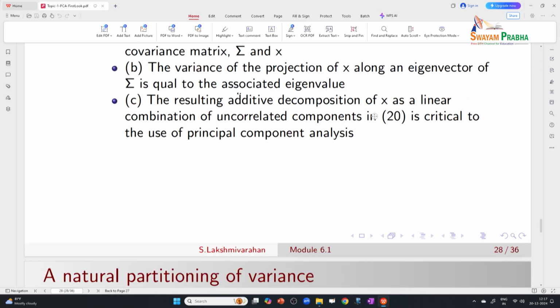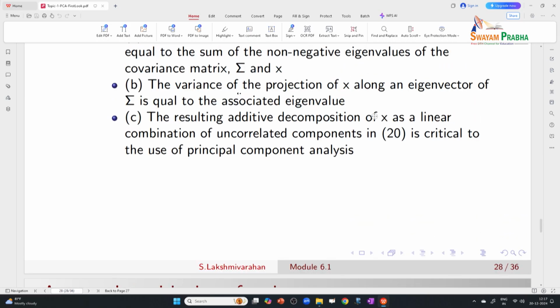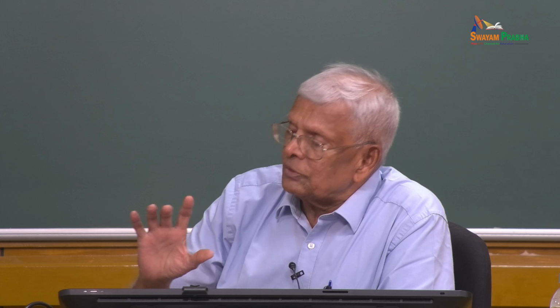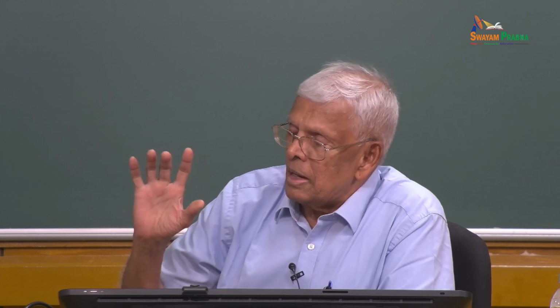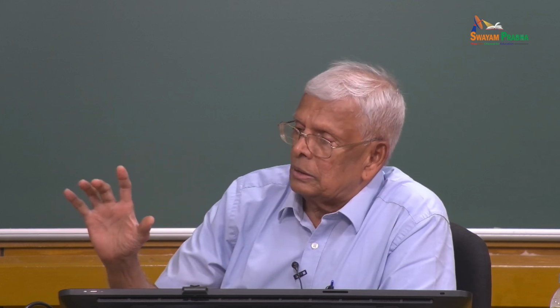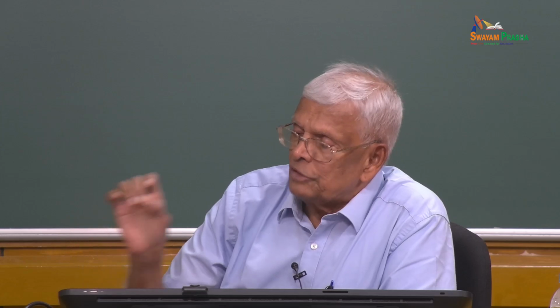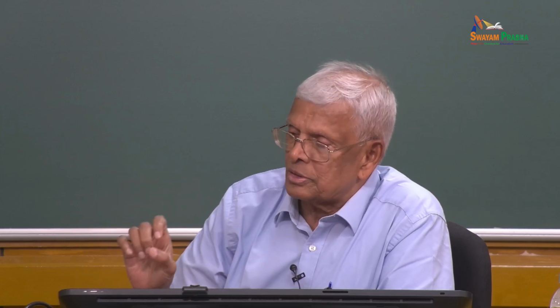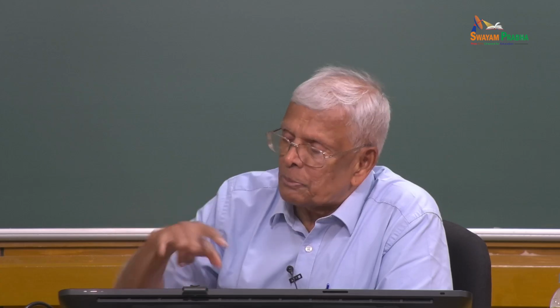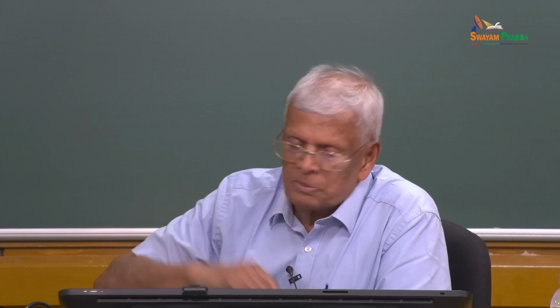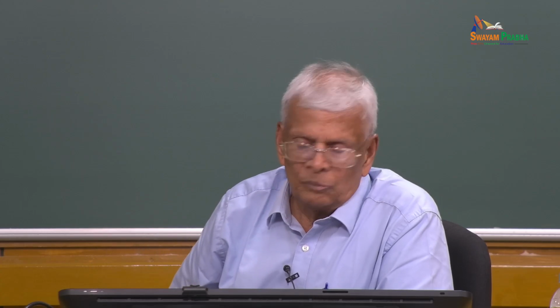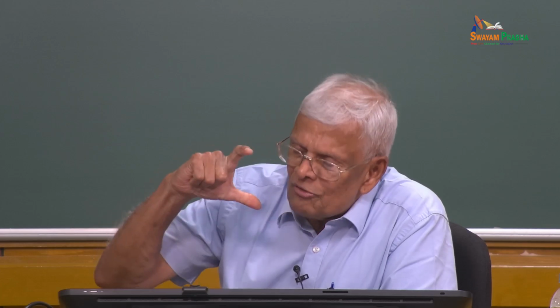So in principle, we have now introduced, starting with the random vector and an associated covariance matrix, an additive decomposition which defines the principal patterns and the principal components. What is the advantage? The original vector x has correlated coefficients.